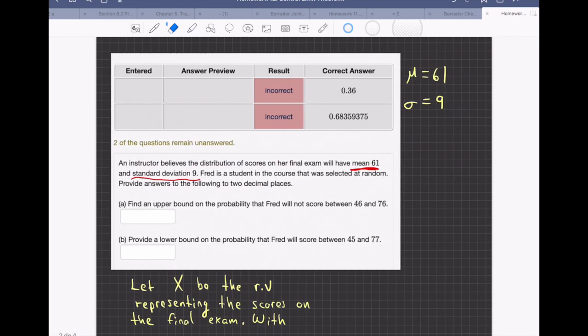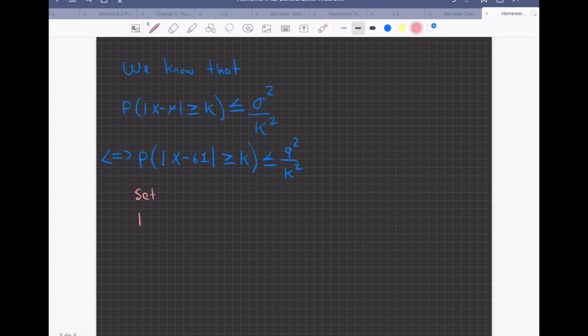What are the values we're given? Find an upper bound on the probability that Fred will not score between 46 and 76. These are particular values for x, for the random variable x, for scores, 46 and 76. What you will have to do in order to get the value for k is to choose any of these two limits, 46 or 76, and replace the x here by those values.